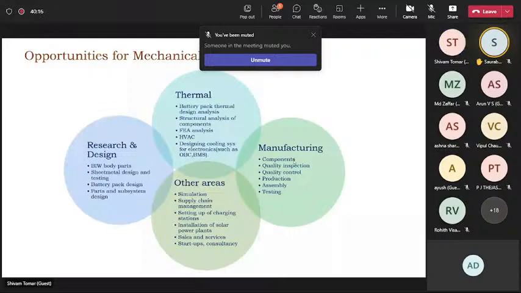So component designing and component manufacturing is definitely going to be a very vast domain where you have thousands of components you can work on. Quality inspection and quality control, these are the core. The maximum job opportunities that you will find are in this quality inspection and quality control.